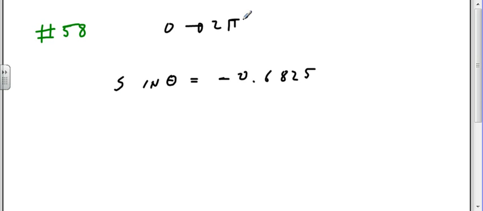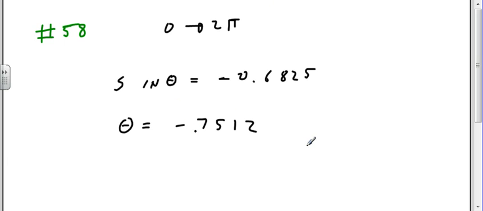My calculator is still in radians, so I'm going to take the arc sine of minus 0.6825, and I'm going to get that theta is minus 0.7512. I want 4 significant digits. And this doesn't look much like a negative sign there, so we'll have to try that over again.